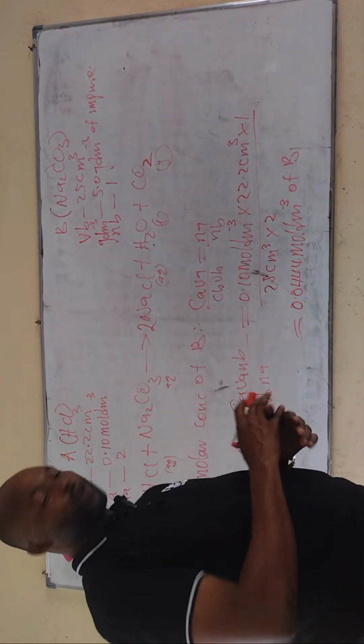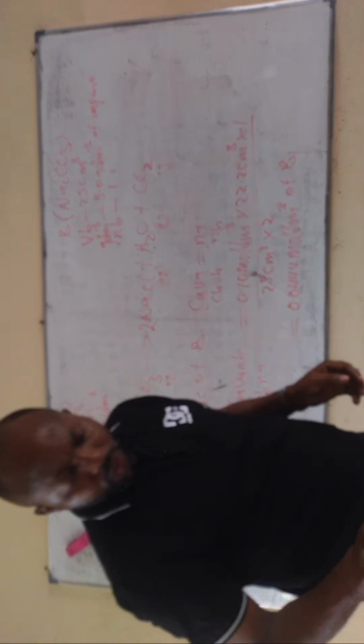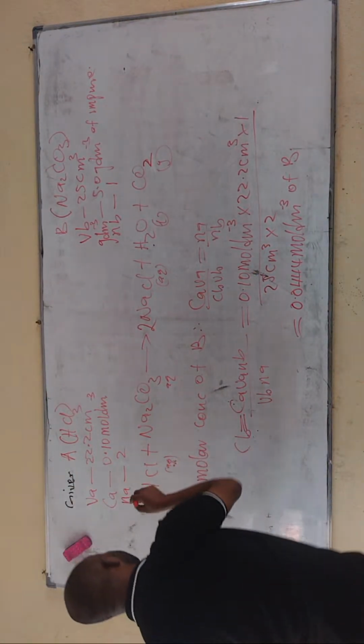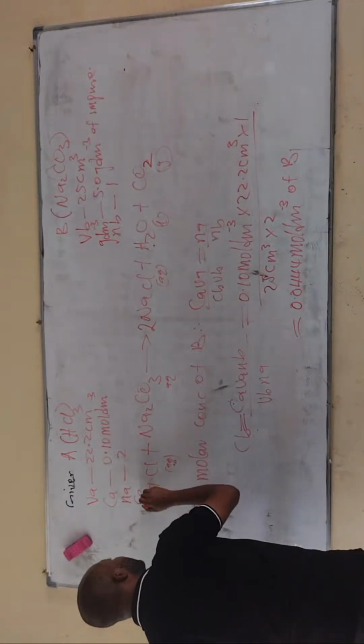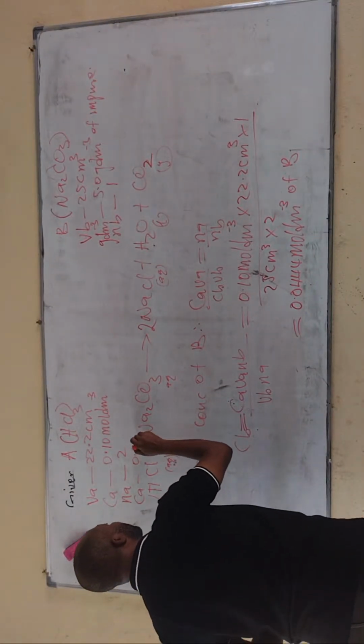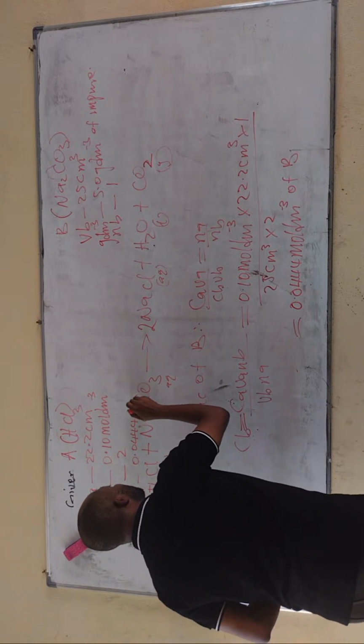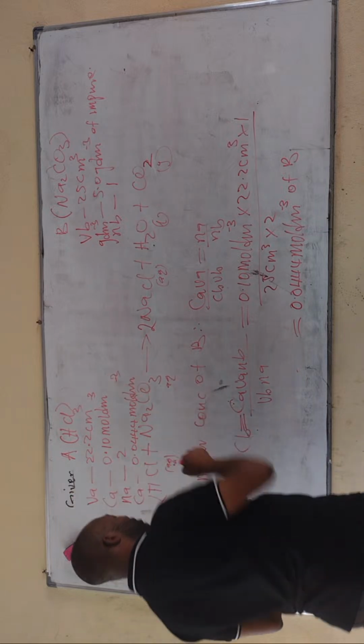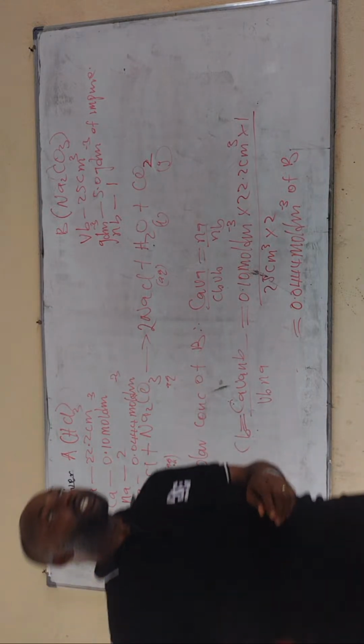The next question says we should calculate the percentage impurity. So let me put it down first. My CB is 0.0444 mole per dm cube. Now, the percentage impurity.